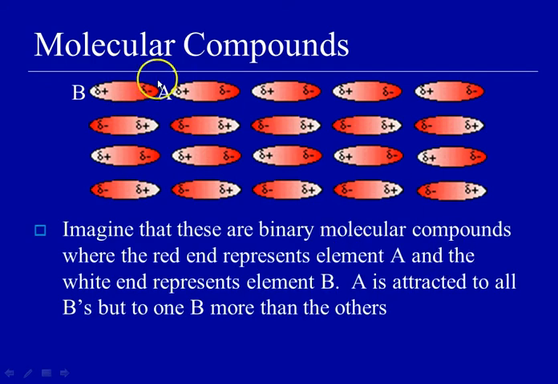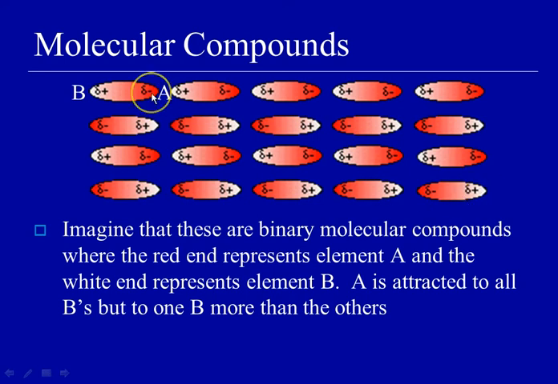and a description. The red side of each of these molecules is the A atom, and the light-colored side is the B. So all together, this is a molecule, an AB compound. There's a whole bunch of molecules all lined up in this kind of symbolic picture.